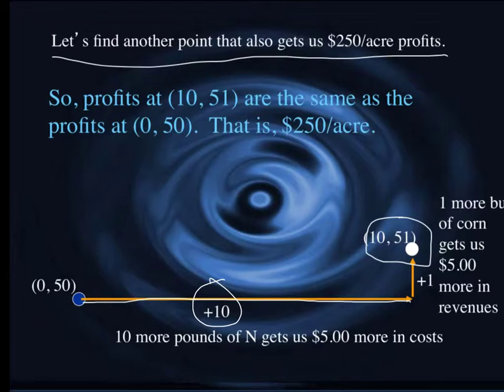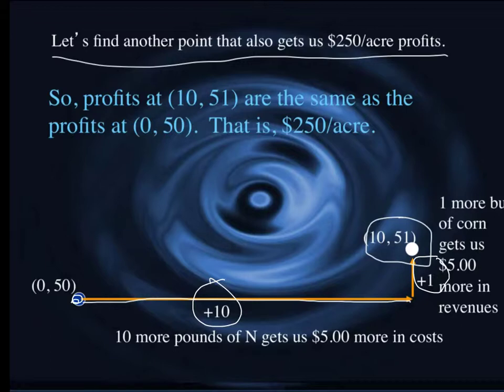So we're going to have to increase revenues by $5. And to increase revenues by $5, we have to increase yield by 1 bushel because the price is $5 a bushel for corn. So (0, 50) and (10, 51) are both going to get us $250 an acre.